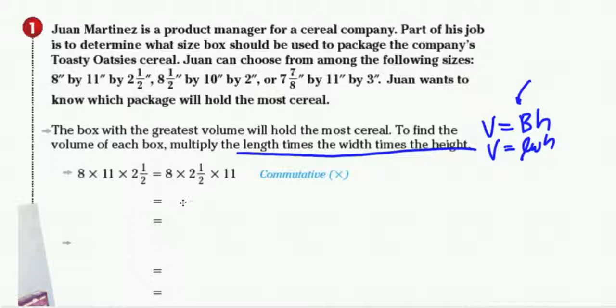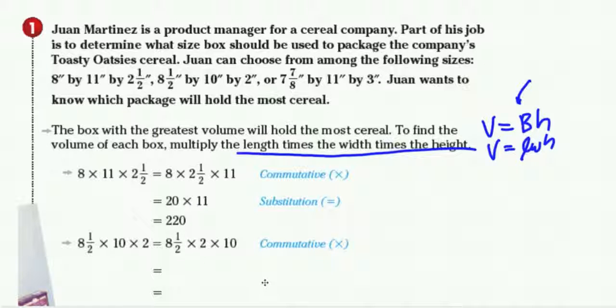And then we know that it becomes 20 times 11 because 2 and 1/2 times 8 will give you 20, and multiply that by 11. 8 times 2 and 1/2 has been substituted by 20. That's why you use the substitution property of equality. And again, the substitution property of equality, we end up with 220. So the volume of the first box would be 220 cubic inches.